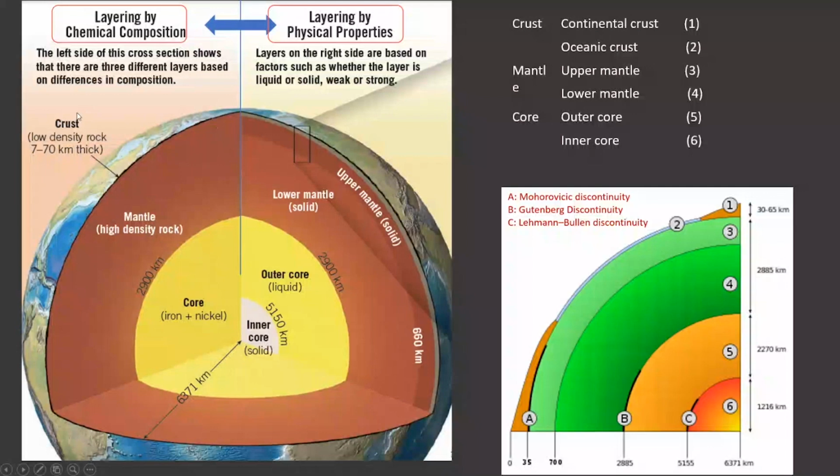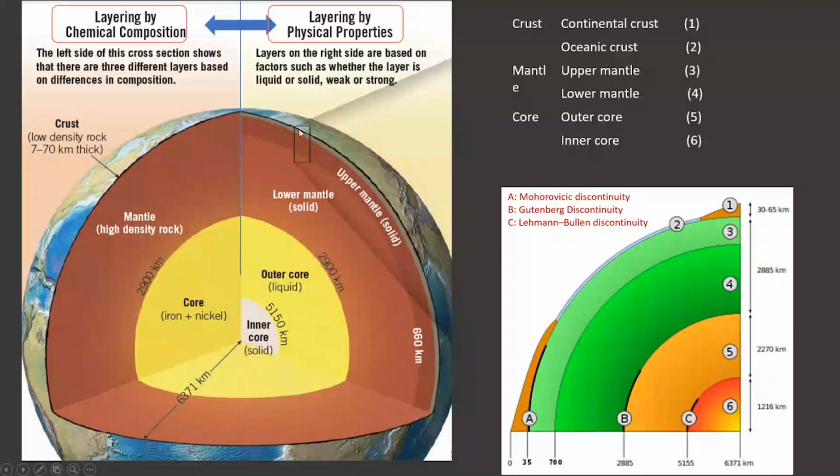The oceanic crust is thinner compared to the continental portion. If you go to the Himalaya, the thickness is at its maximum, much thicker than the oceanic crustal part. The second layer is the mantle, and the third layer is the core.